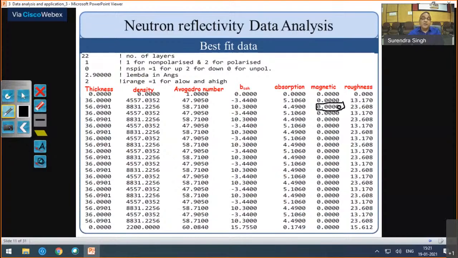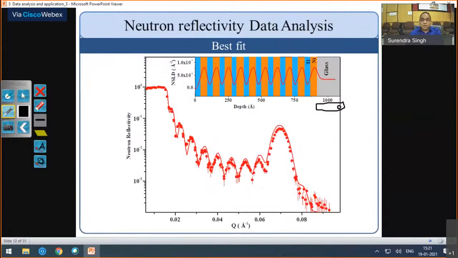We cannot fit spin up with one moment and spin down with some other moment, because a single nickel moment for a layer is responsible for both R plus and R minus intensity. So we don't have to give two different magnetic moments for R plus and R minus. Okay. So this is the kind of analysis.